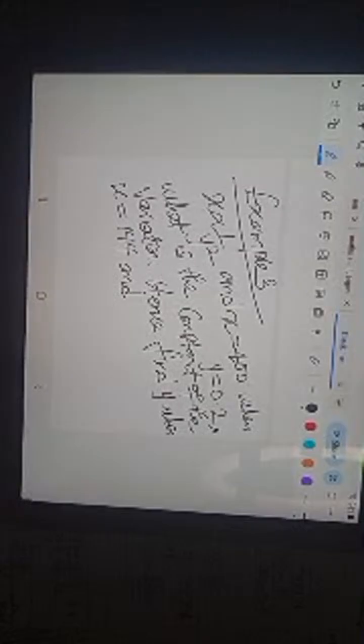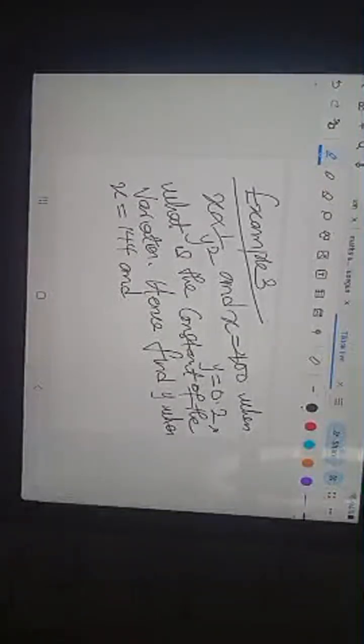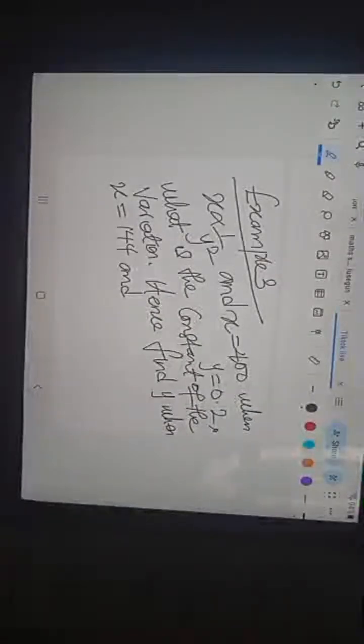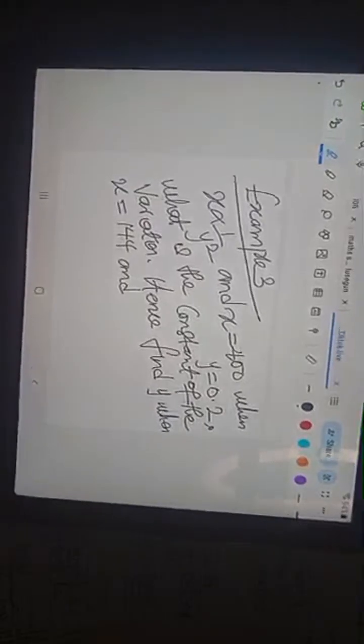Maybe because I'm using the screen, maybe I should use a pen. Okay, let me have patience and use the board. Let me find the board and use the board. Yes, I'm coming. I want to use the board, so maybe it can be clearer than this.